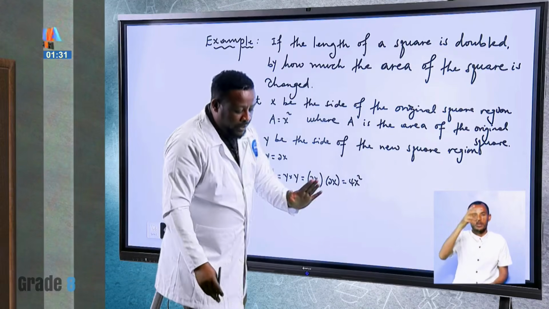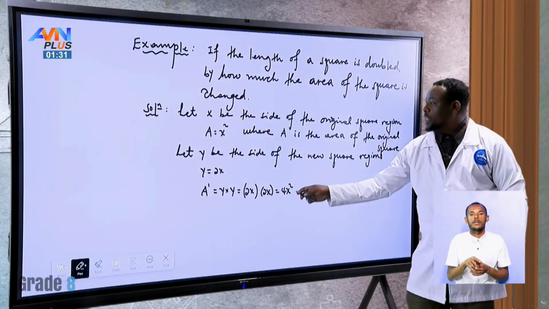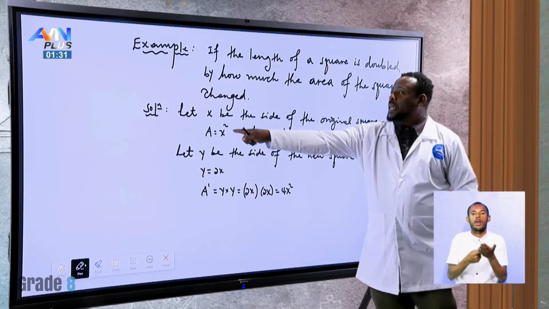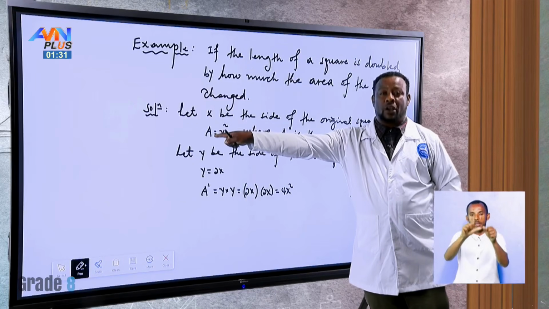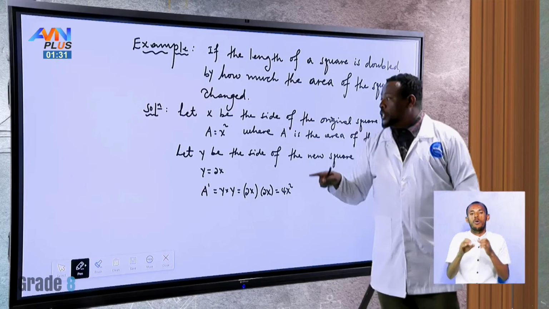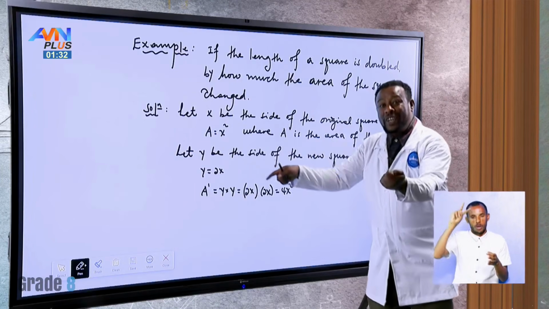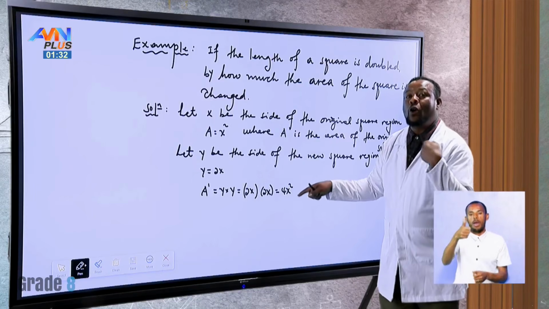Here, I need you to observe critically this 4 times x squared. This x squared is the area of the old square. So in place of x squared, you can substitute capital A, which is the area of the old square.